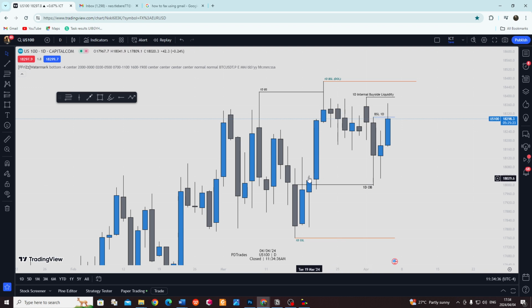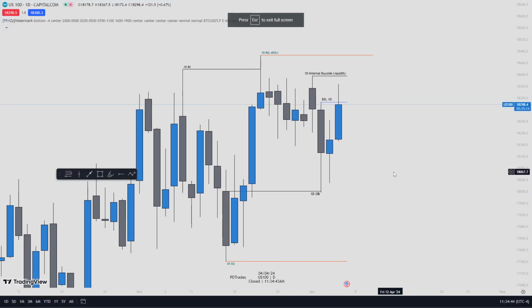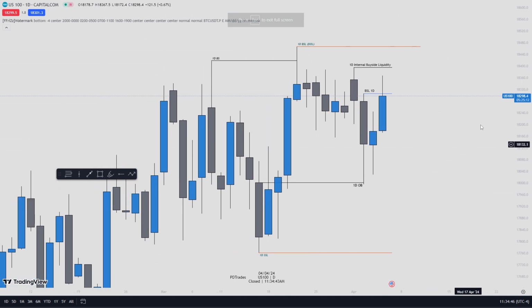My main focus was this entire fair value gap here, and I also looked at this bearish order block.